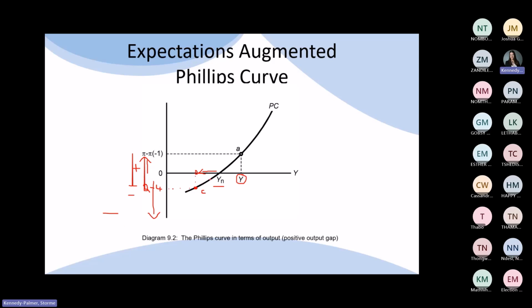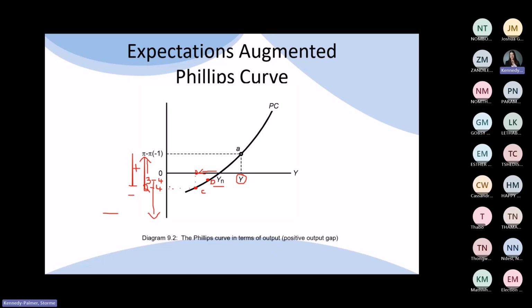But if we're somewhere in between here, say, for example, at point D, now this doesn't change. Our last year's inflation is going to be 4, and this year it could be, let's say, 3.